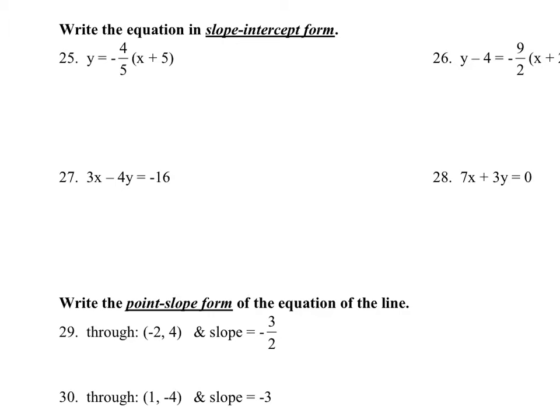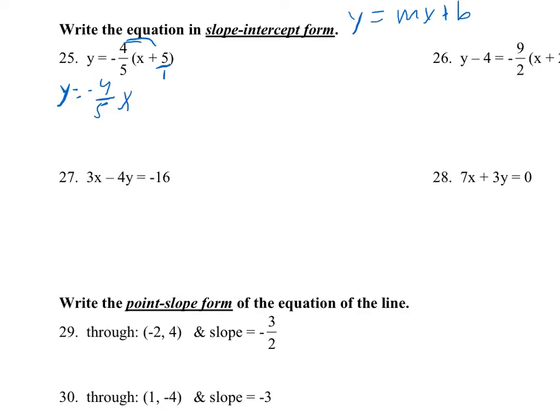Next, we're going to take this equation and write it in slope-intercept form. Again, slope-intercept form is y equals mx plus b. So we have parentheses here, which means we must distribute the number out front. And in doing so, we have negative 4/5 x, and it's negative 4/5 times 5, and 5 is the same as 5 over 1.